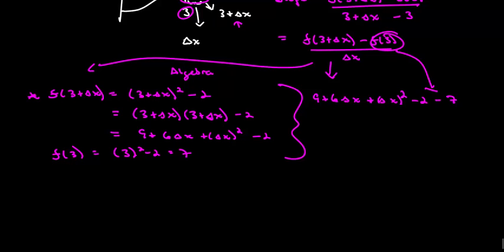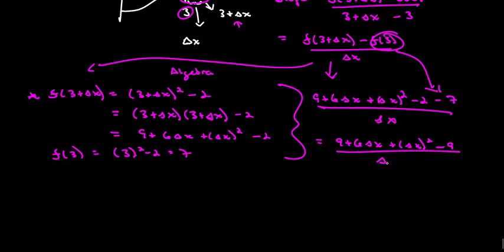Of course, that whole thing's still over delta x. And so when we simplify, we've got 9 plus 6 delta x, and that just gives me 6 delta x plus delta x squared over delta x. Factor out delta x, and we're just going to end up with 6 plus delta x.